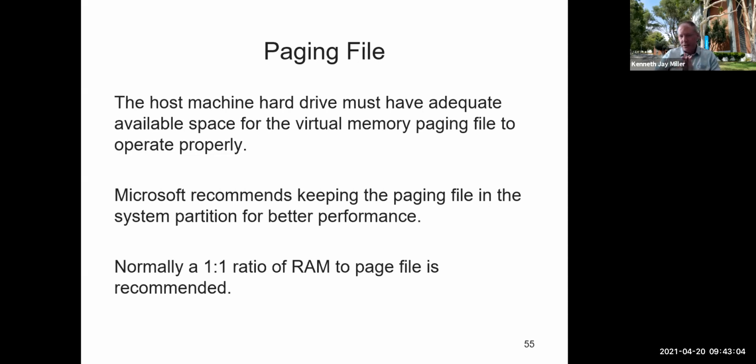Now, Microsoft has done an excellent job over the years of managing the paging file. It does it automatically. And normally as a technician, we leave it. We can manually change it if we wanted to, but there really is no good reason to change it, right? Leave it, let Windows handle that for you, whether it's server or workstation.